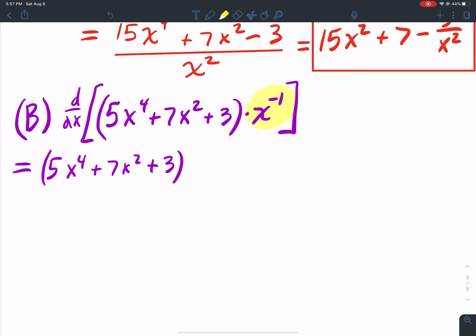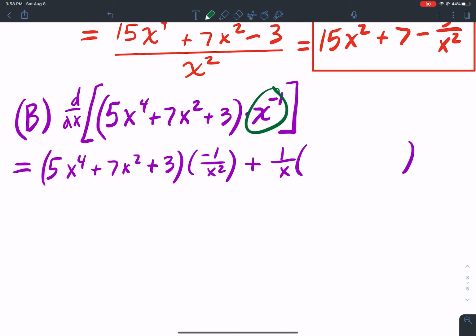Now the derivative of the second, I bring the negative 1 out front, x to the, and then I subtract 1 from that, so that's negative 2. So that technically reduces to negative 1 over x squared, okay? Whenever I use my exponent rules. So negative 1 over x squared. And now, so I did the first times the derivative of second, plus the second times the derivative of the first.